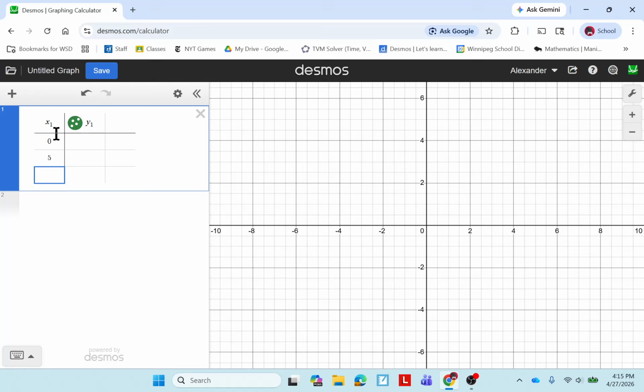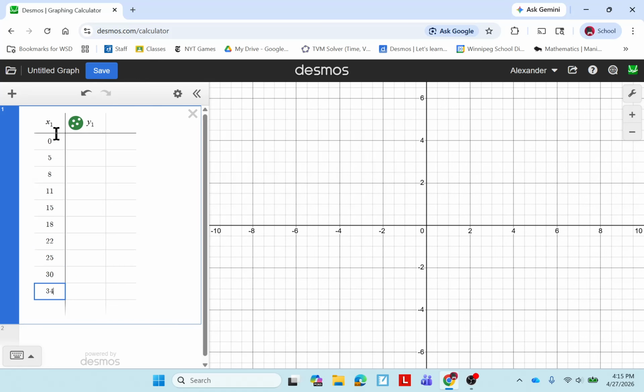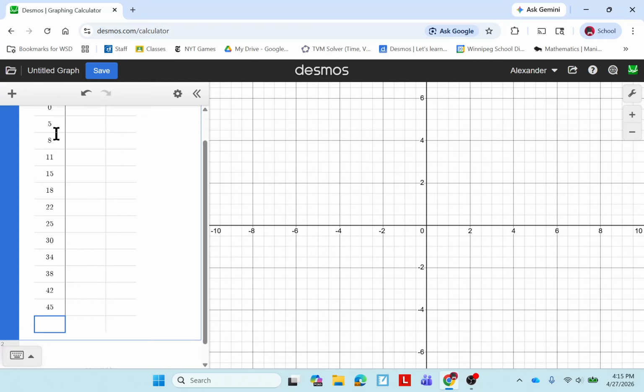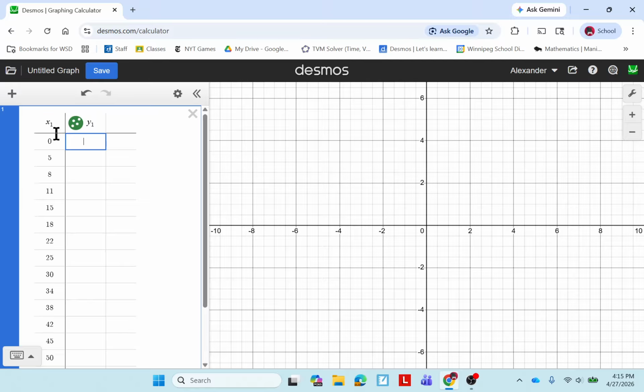So I'm going to enter the x values first: 11, 15, 18, 22, 25, 30, 34, 38, 42, 45, and 50. So those are the amount of minutes where they are tracking the temperature. And then my y values, those are the temperatures.